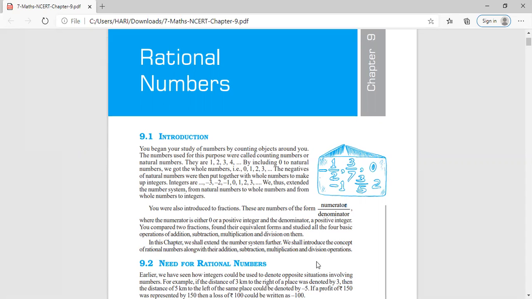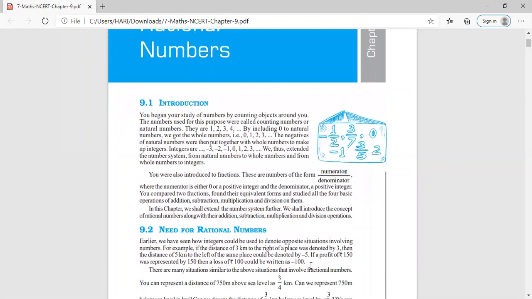Now, we will see about the rational numbers. See, earlier we have seen how integers could be used to denote opposite situations involving numbers. For example, if the distance of 3 km to the right of a place was denoted by 3, then the distance of 5 km to the left of the same place could be denoted by -5.